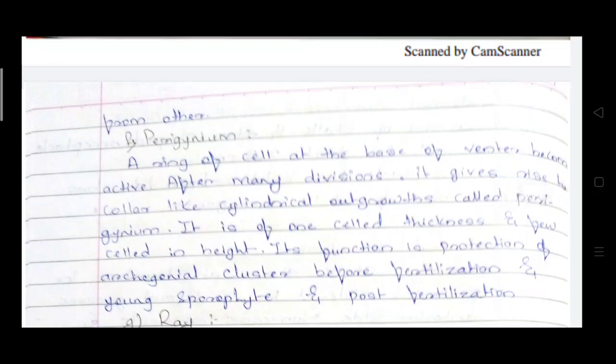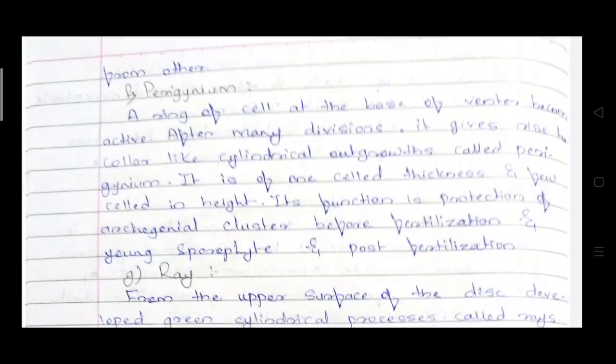They can be thick-walled and a few cells in height, and they protect the archegonial chambers before fertilization. The main function of the perigynium is protection. It protects the archegonium clusters before fertilization, and after fertilization in the young sporophytic stage. So the perigynium is important regarding the protection of the archegonium clusters.